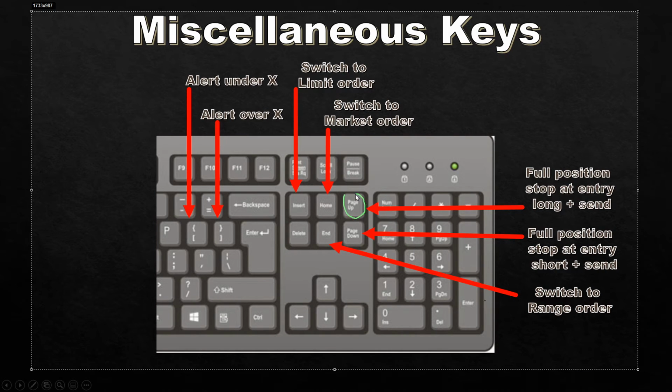Page up and page down, I'll get back to these. Essentially, these three right here are just switching. So this is a limit order, home is switching to market order, and end is switching to a range order. Again, everything is semi kind of logical. Insert, it just stands for insert the number that you want to trade at. That's how it works in my head.